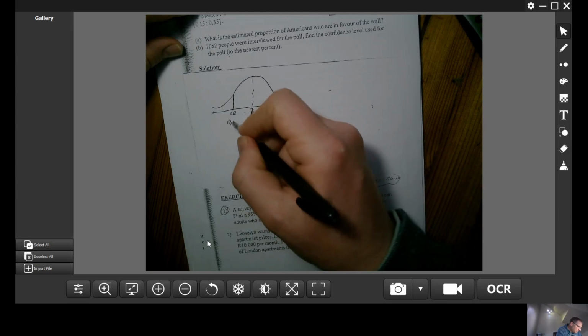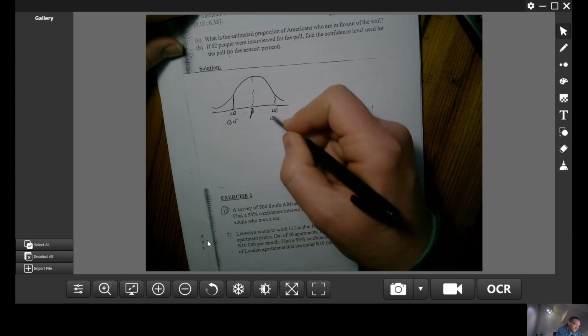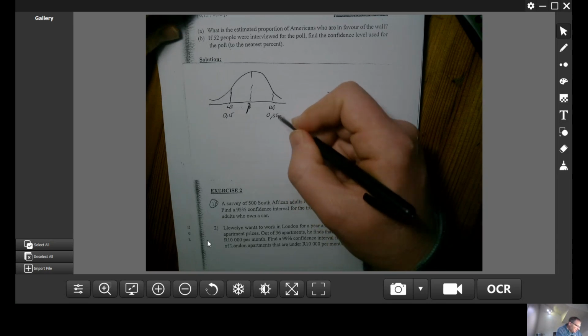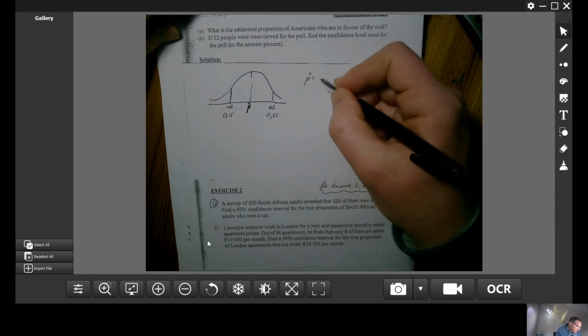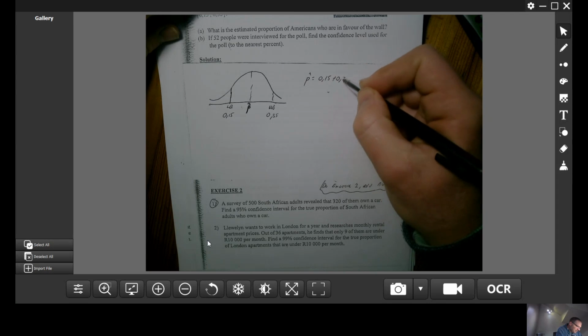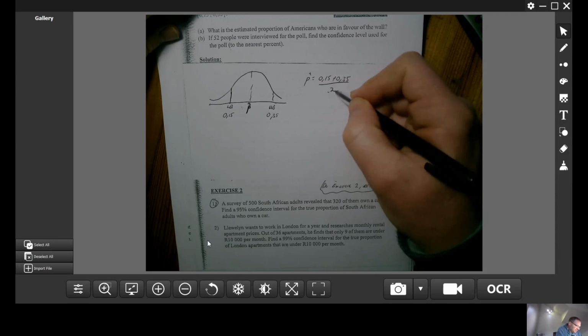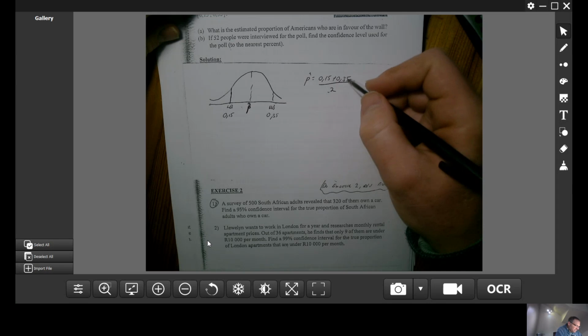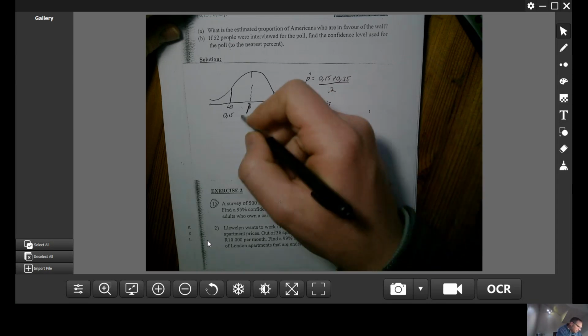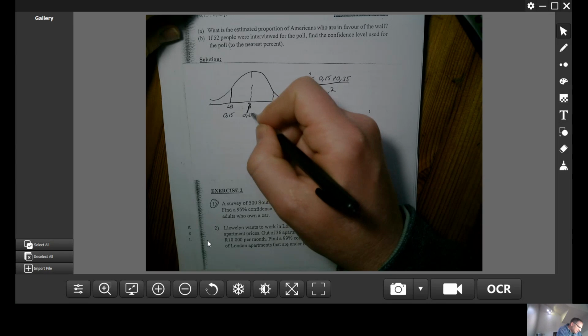So your lower boundary is 0.15, your upper boundary is 0.35. Okay, so P hat will be in the middle of those. So P hat will be 0.15 plus 0.35 divided by 2, which is 0.5 divided by 2, which is 0.25. So there is P hat.